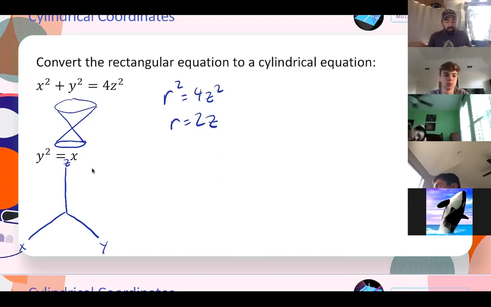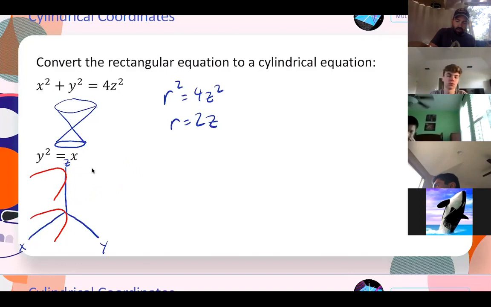What I think of this as is in 2 dimensions, x equals y squared is a parabola along the x-axis instead of the y, right? So it'd be a parabola like this. And what makes it cylindrical is if you were to take it in 3 dimensions, you're basically getting that same parabola at every single z value.